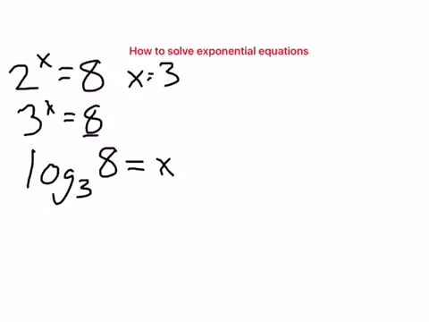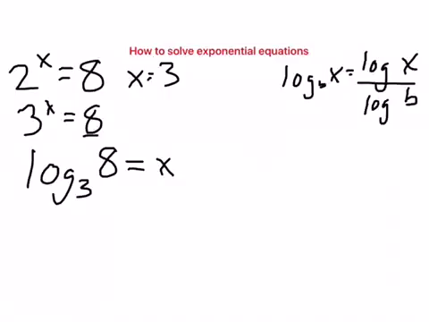Change of base, remember, let's think about what that looks like. Log base b of x equals log of x over log of b. And really this changed it to any base we wanted to. We call it log base y here. But we're going to be wanting to use either the standard log, log base 10, or the natural log, ln, because that's what the calculator can do.